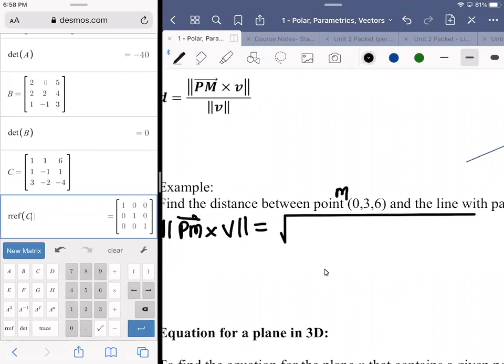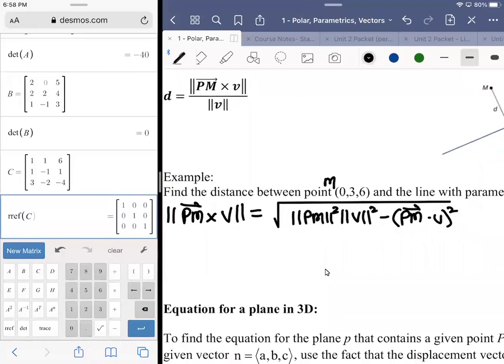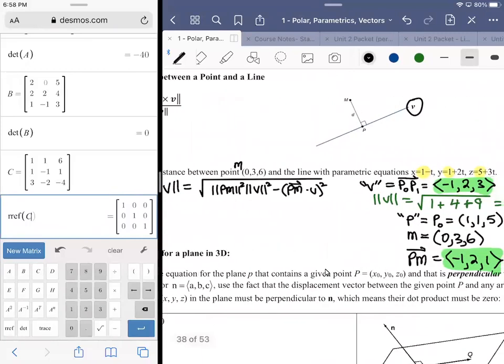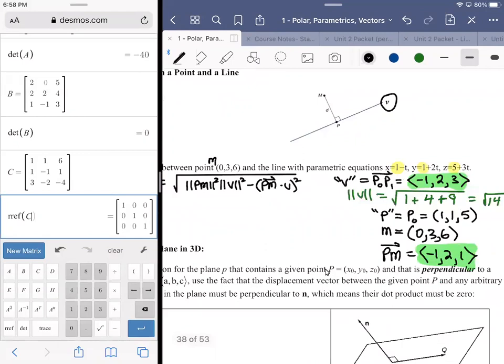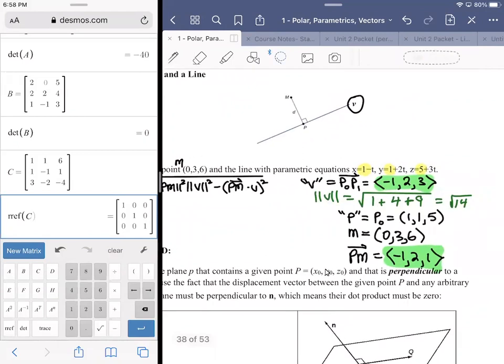All right. So I need the magnitude of PM squared times the magnitude of V squared, and then from that we subtract the dot product, I'm sorry, dot product, of PM and V, squared. I have the V, I need the magnitude of PM.